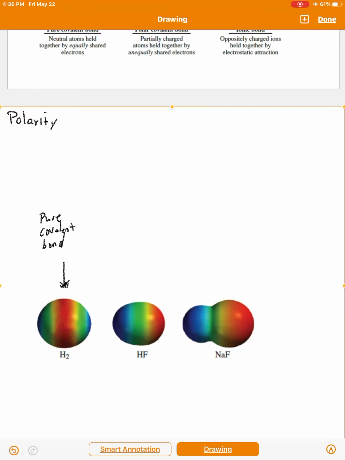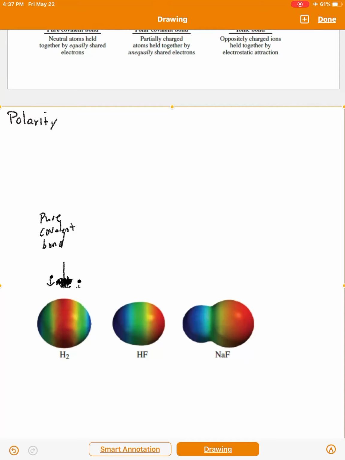So the nucleus of the first hydrogen atom might be right there, and the nucleus for the second hydrogen atom might be right there. Okay? So that shows that the density of the electrons is in between those two nuclei. That's the covalent bond, purely covalent bond.